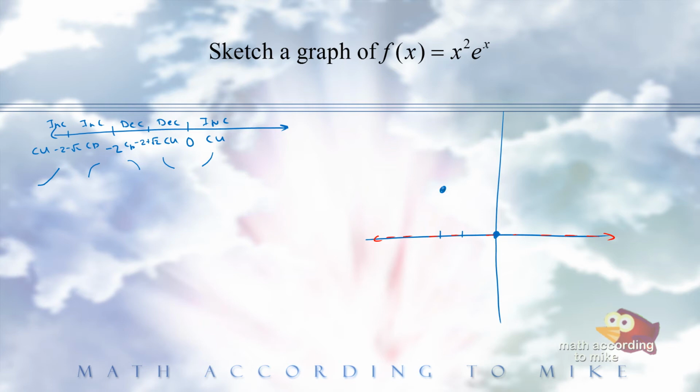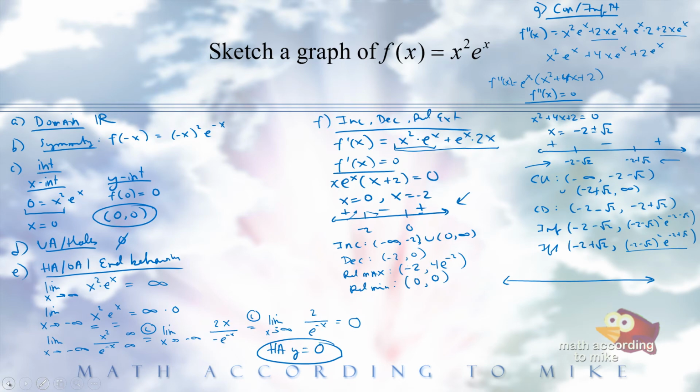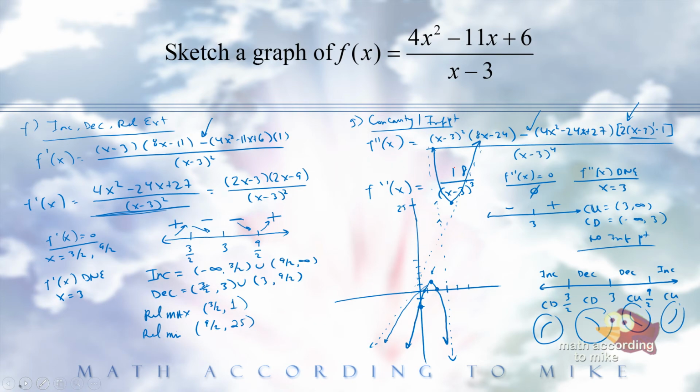I'm going to just say it's right there. I know it's positive. And then let's see, that's a relative max. We have a relative min at 0, 0, check. We have an inflection point at -2 minus radical 2, comma whatever that number is. Ew.